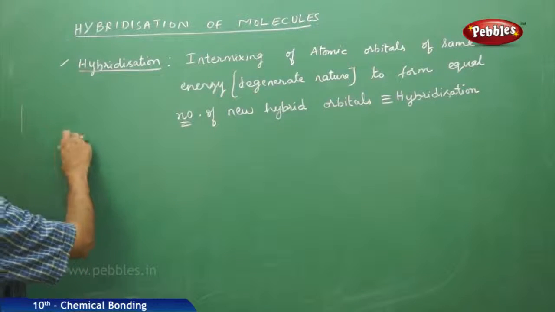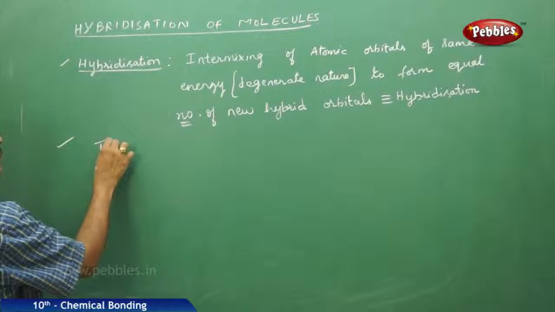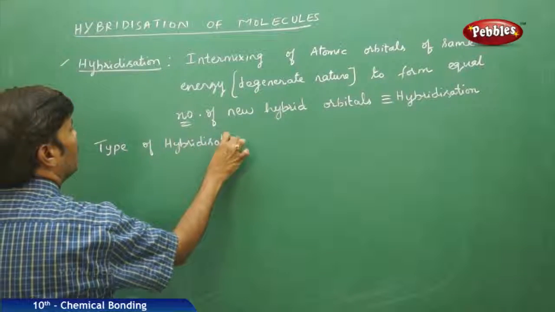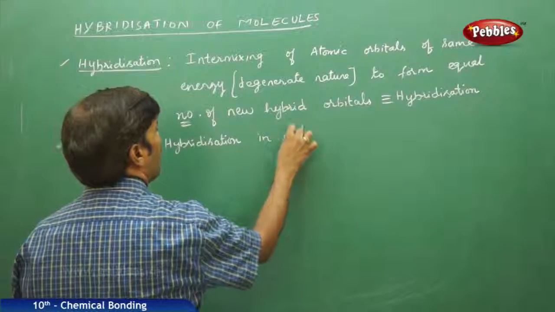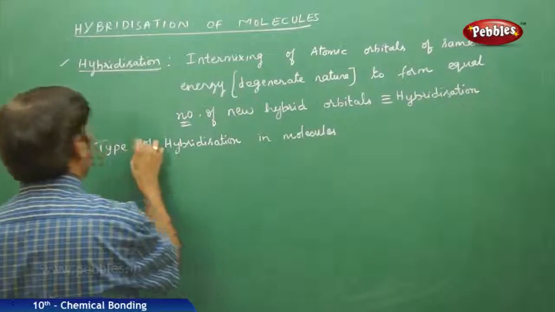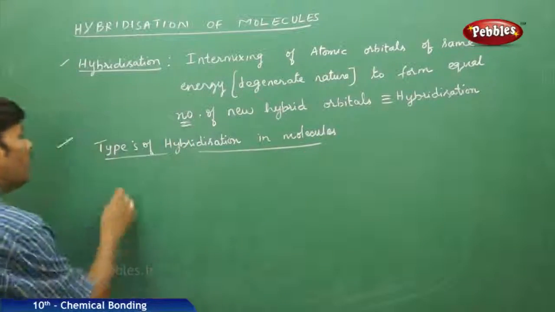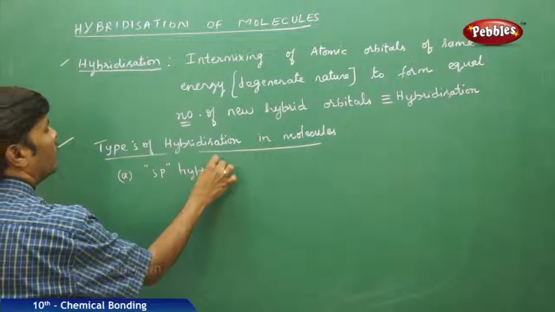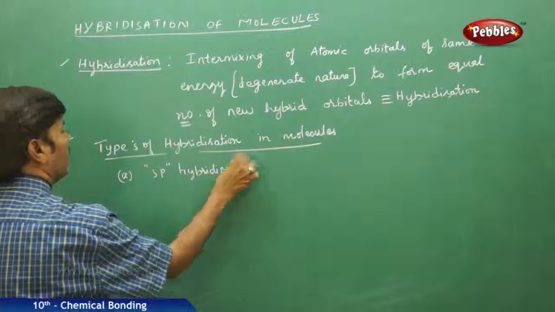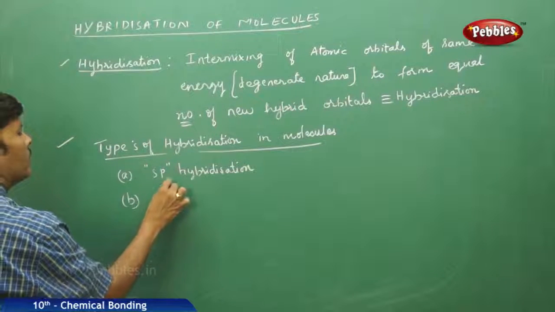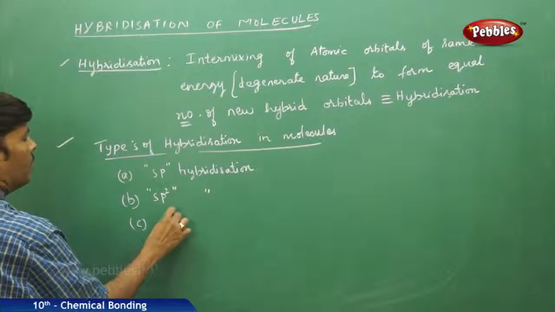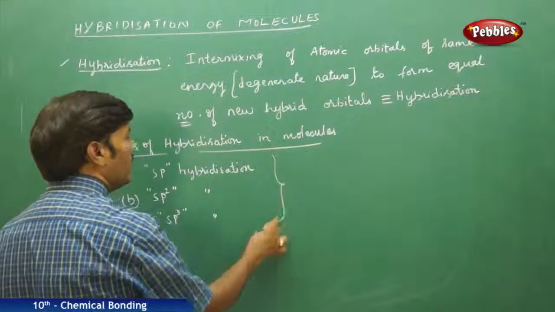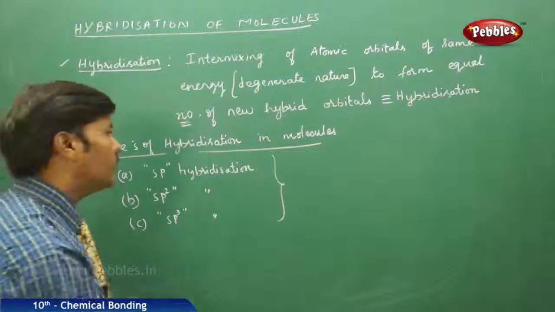The types of hybridization in molecules are sp hybridization, sp2 hybridization, sp3 hybridization.